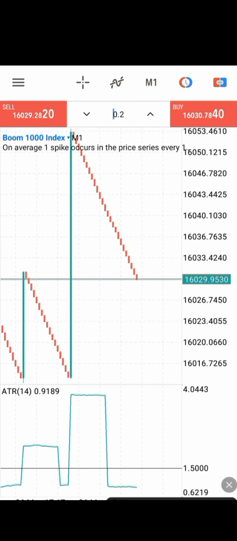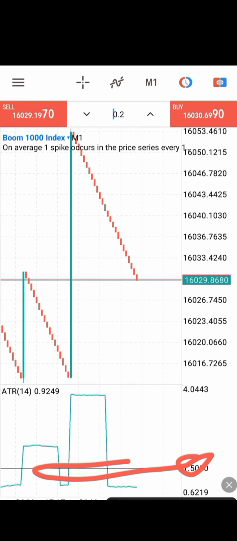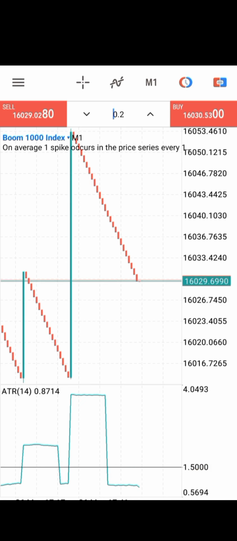Now the level we use on Crash, which is 1.5, is not valid for Boom markets. There are some people that got that. They sent some screenshots to me showing that the level doesn't work on bull markets, which I also sent back to them, saying they should research the level that works for Boom.